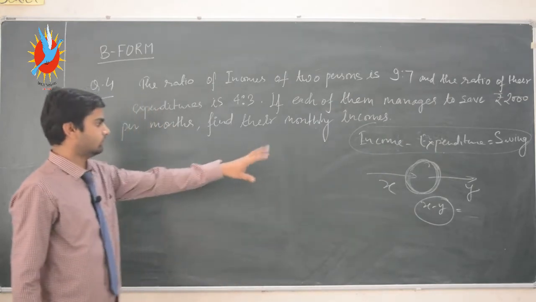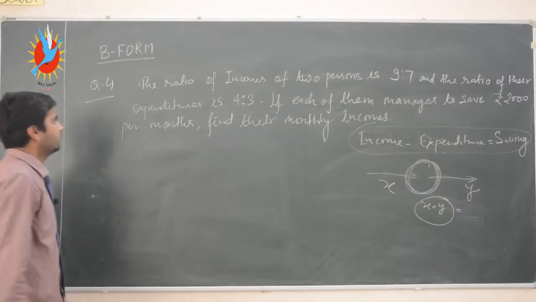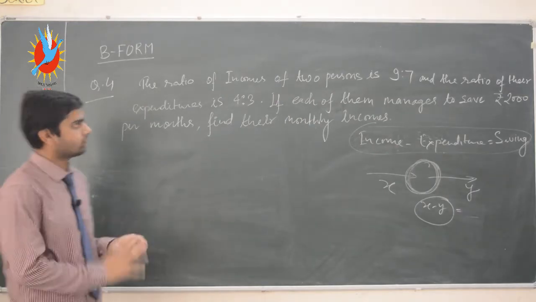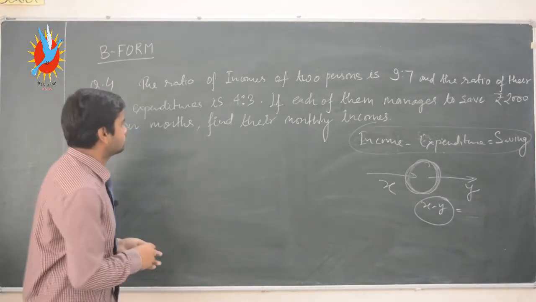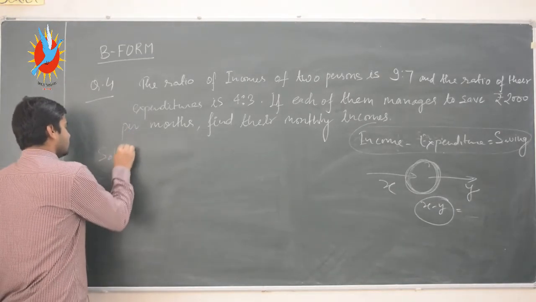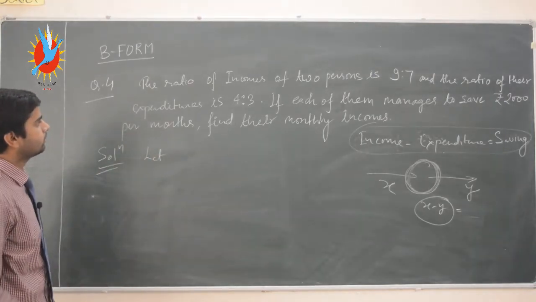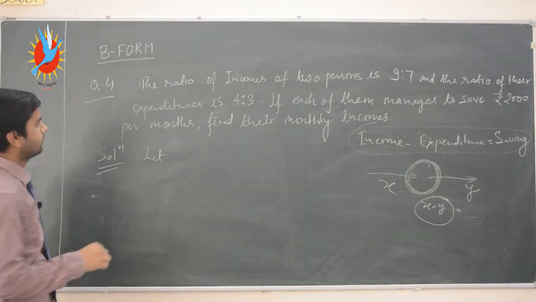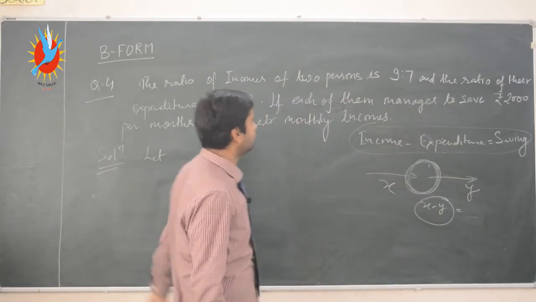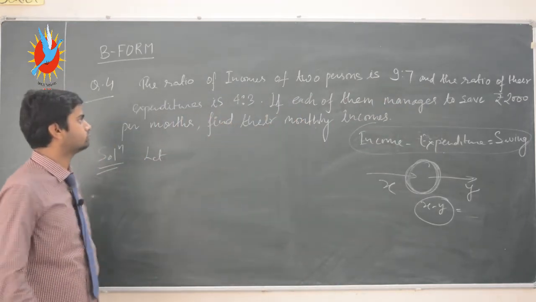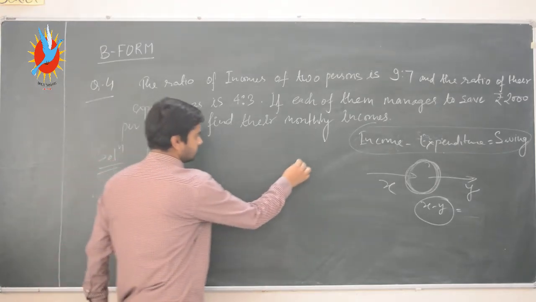This general concept is going to be used in this particular problem. The problem is that the ratio of incomes of two persons is 9:7. Here the ratio of incomes is given as 9:7, and the ratio of their expenditure is 4:3.